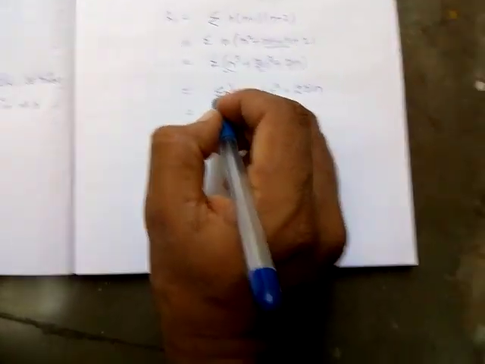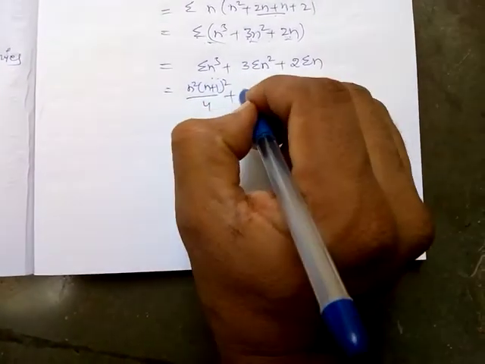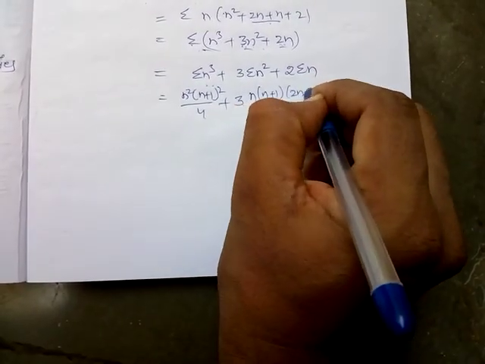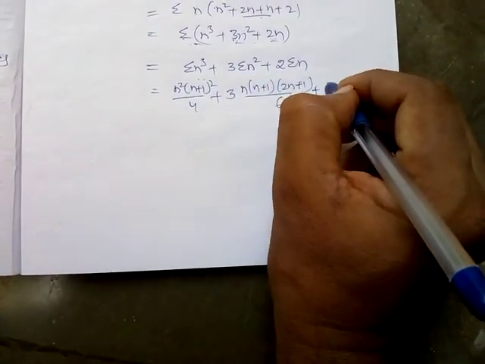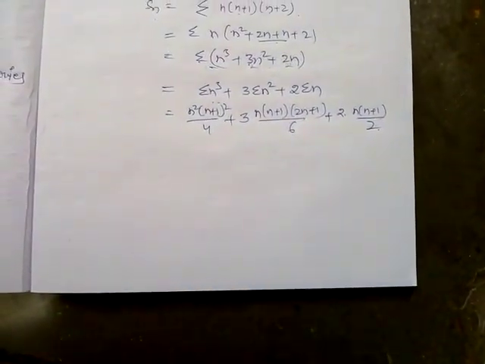Sigma n cube, what is the formula? n square into n plus 1 whole square by 4. 3 into sigma n square: n into n plus 1 into 2n plus 1 by 6. 2 into sigma n: n into n plus 1 by 2.